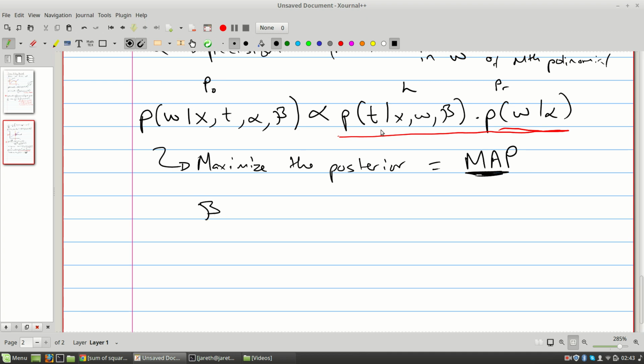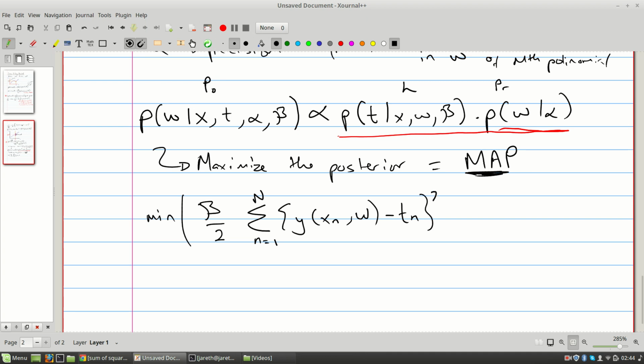So maximizing this term is the same as minimizing beta over 2, the summation from n equals 1 up to N of y(xn, w) minus tn, squared, plus alpha over 2 w transpose w. So how else can we write this term?